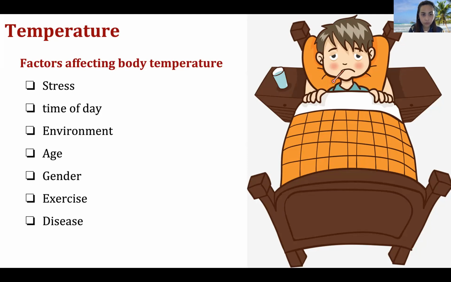First, let's take a look at the factors which affect the temperature. First is stress. Stress, time of the day, environment, age, gender, exercise, and disease. Okay, let's talk about stress first.